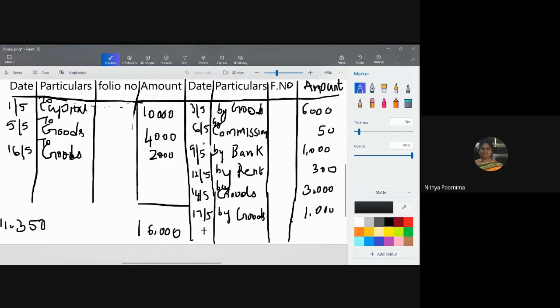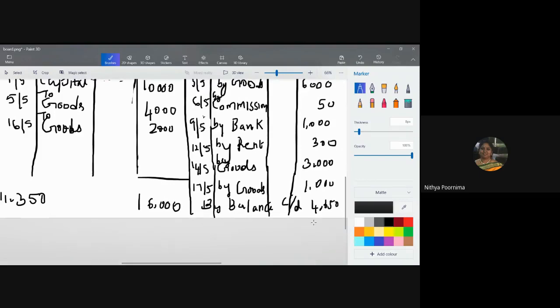So now what I'm going to do is write by balance carried down. By balance carried down will be 4,650. Correct? The amount is 4,650 only, no? Yes, ma'am. Now if you sum it up, you'll get 16,000 itself.